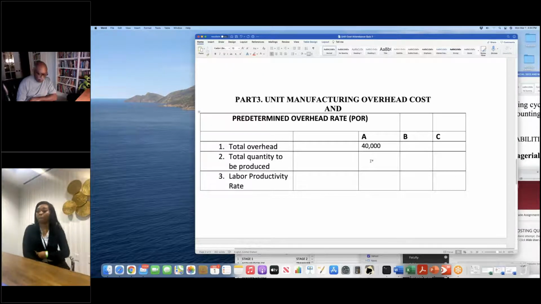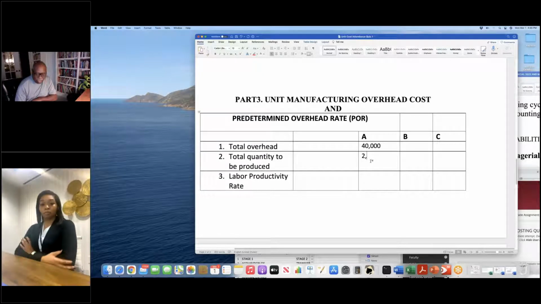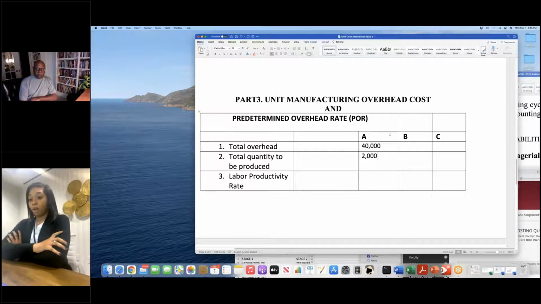Everyone see the 2,000? That's a given, the quantity. Labor productivity is what? 2. And you get that 2 from the assumptions.